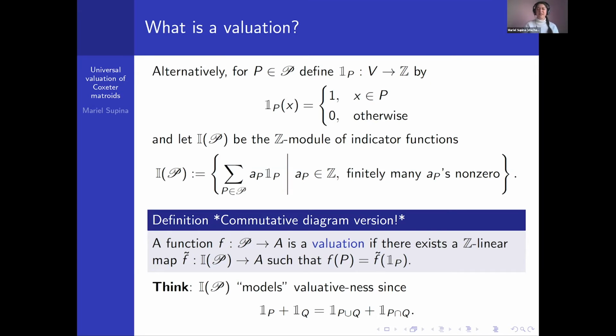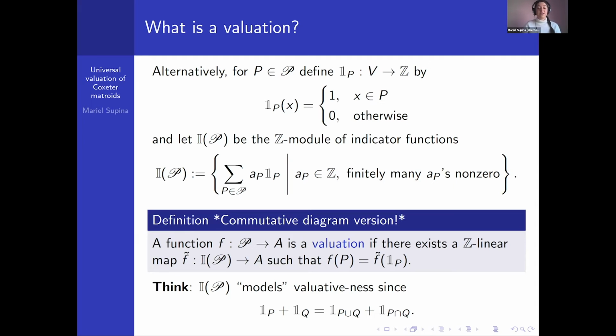I'll talk about this in more detail in the actual talk, but the intuition is that this indicator module models the valuative property from the previous slide, because it has this inclusion-exclusion property built in: if I take the indicator function of P plus the indicator function of Q, I get the same function as the indicator function of their union plus the indicator function of their intersection.